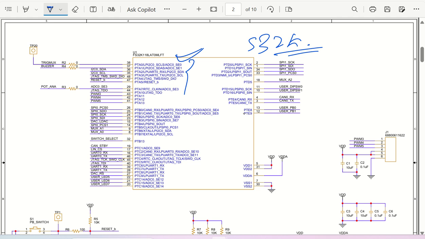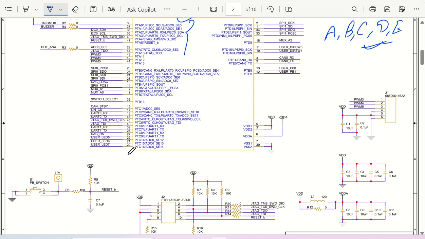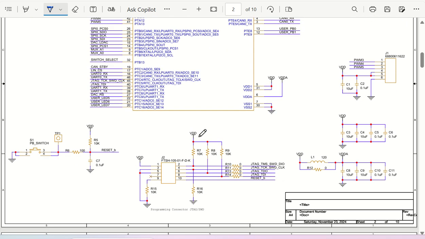So basically we have A port, B port, C port, D port and E port. Total 5 ports are there. And all the different functionalities have been assigned to the pin configuration. So we will see one by one how it has been assigned and what are the different reasons. Let us get into some of the parts that we have here.